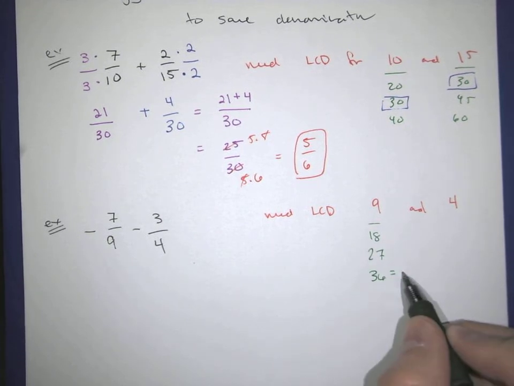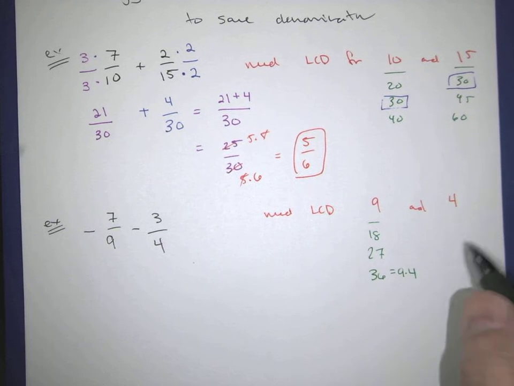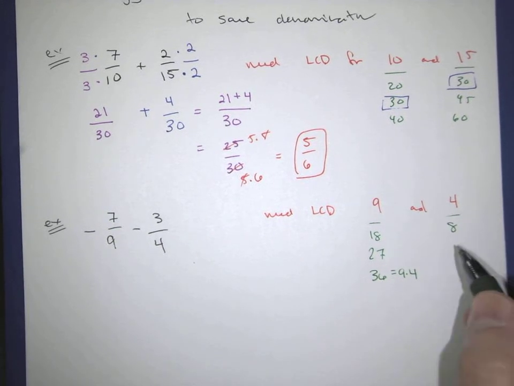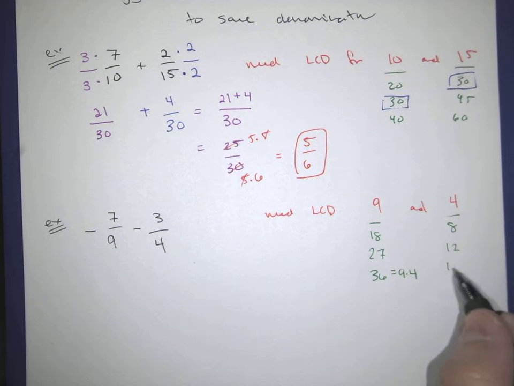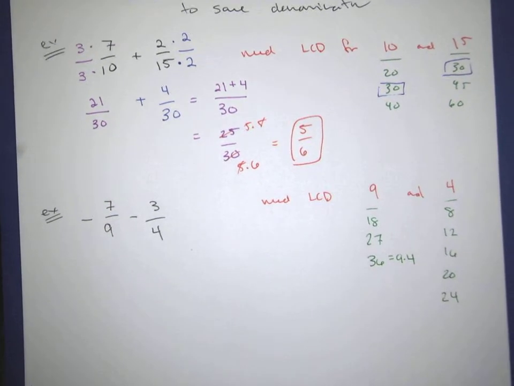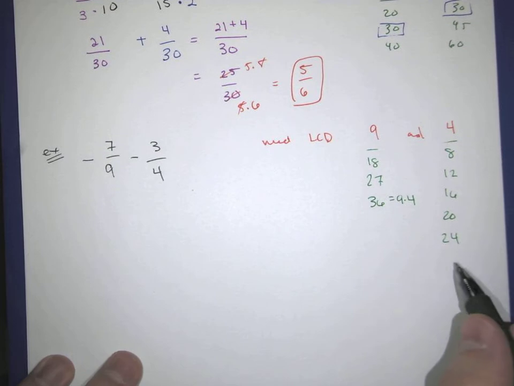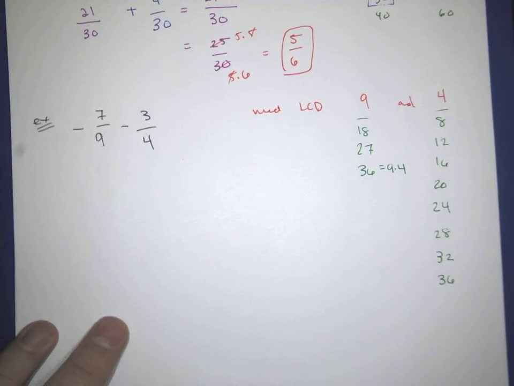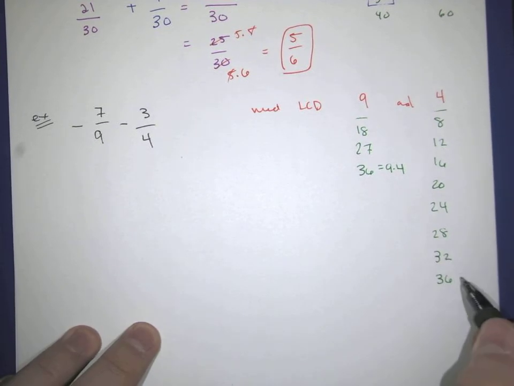Once I get to 9 times 4, that's as far as I'm going to need to go. 4, 8, 12, 16, 20, not hitting anything. 24, 28, 32, and last but not least, finally getting us there is 36. So that was all the way to 4 times 9.